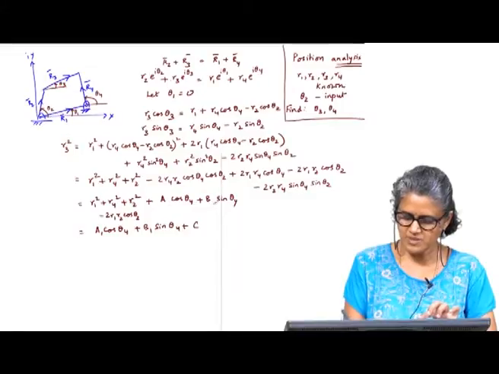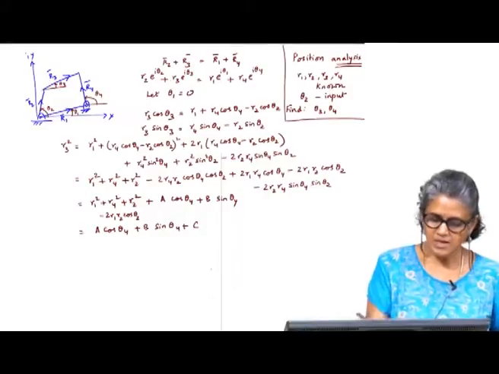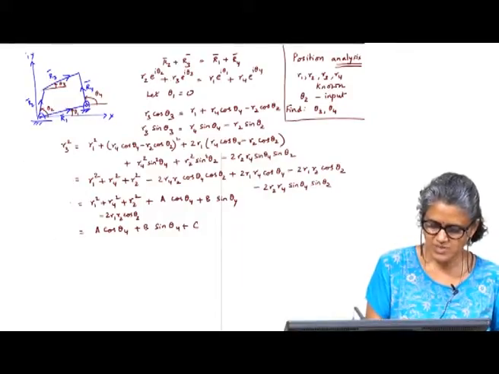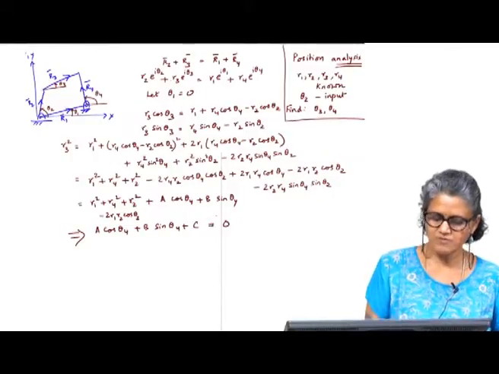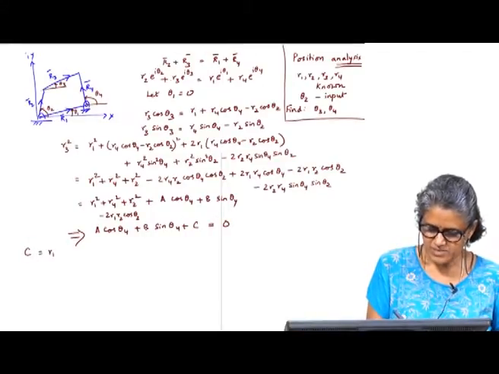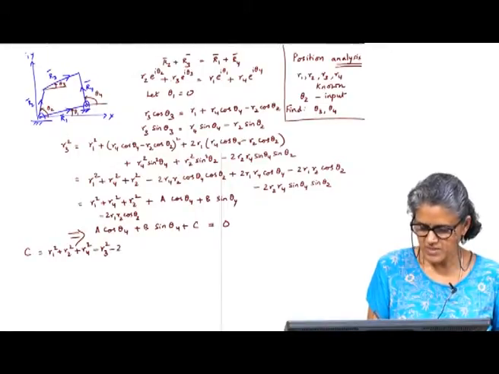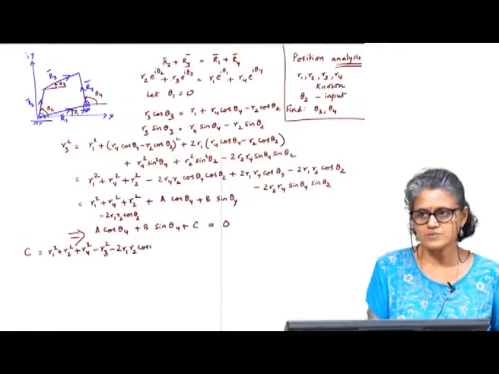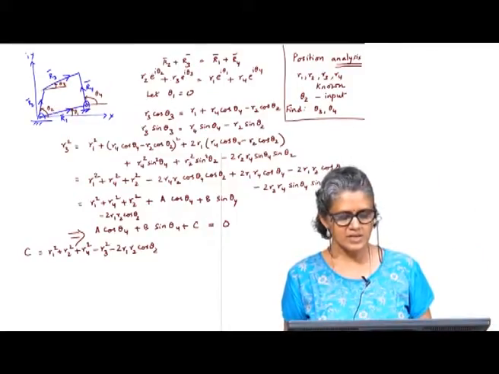I should take this also to the other side and put this equal to 0, where my c would be r 1 square plus r 2 square plus r 4 square minus r 3 square minus 2 r 1 r 2 cos theta 2. All this is known. Theta 2 is my input.